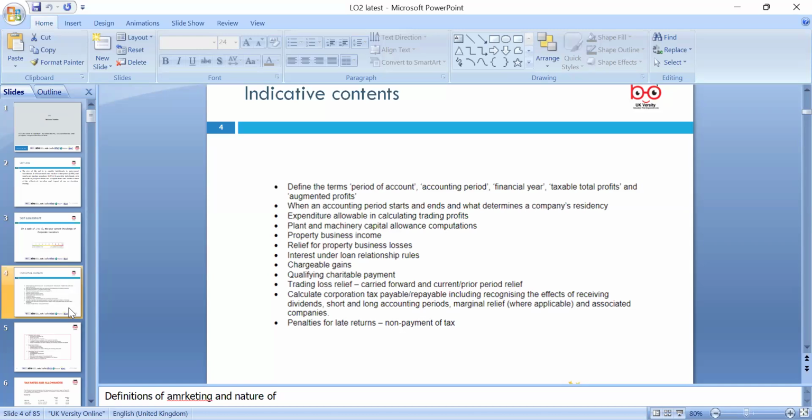We can look at the property business income. We'll discuss relief on losses, especially under corporation tax, and the income under loan relationship rules. We can look at the charitable gain, qualifying charitable payments, trading loss relief, calculating the corporation tax dividend, and the penalties for the late return.